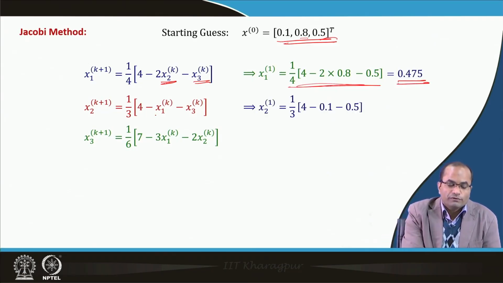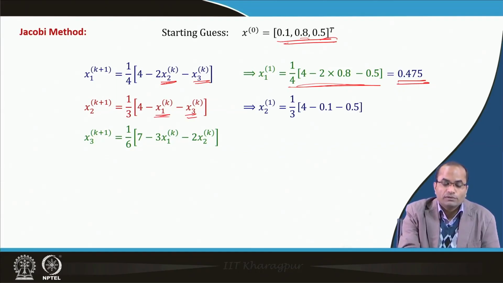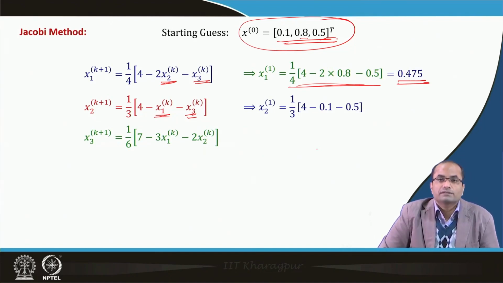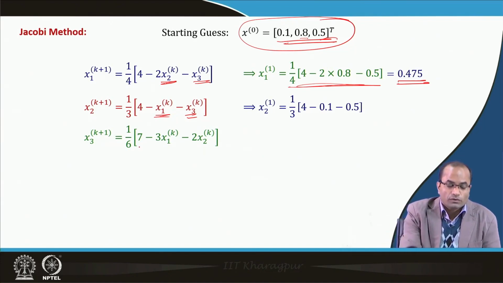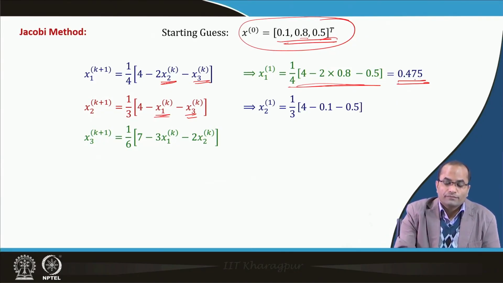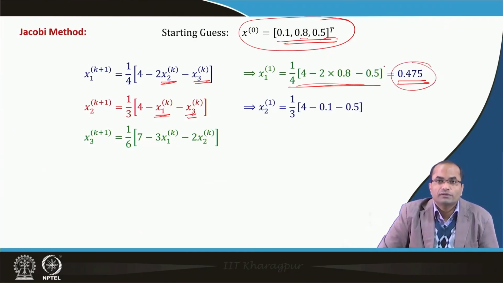For x 2 we will plug here x 1 and x 3, and all values will be used from this x 0 until we complete this step, or we compute all the components in this iteration, while in the Gauss-Seidel we will use recently evaluated values as well.